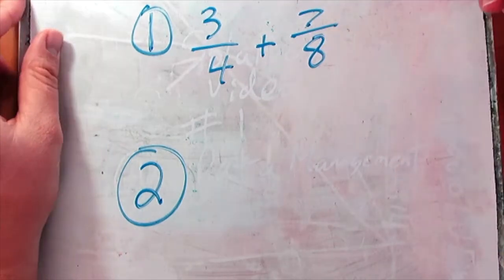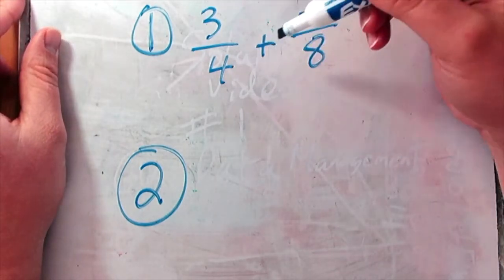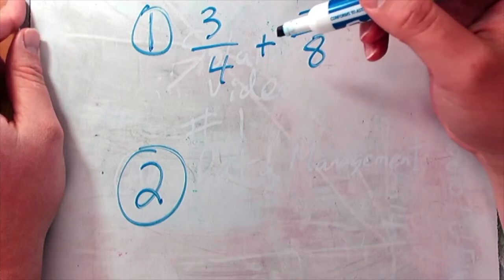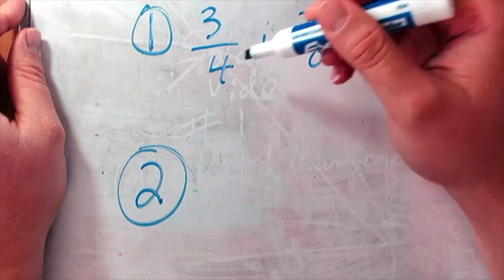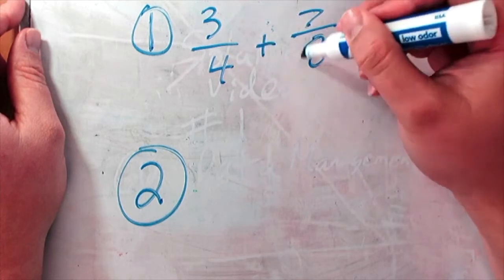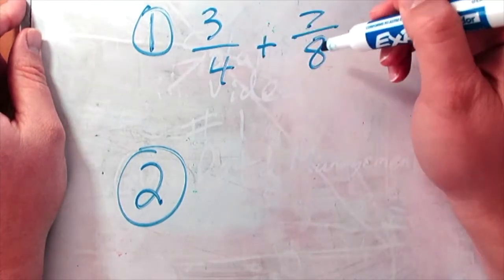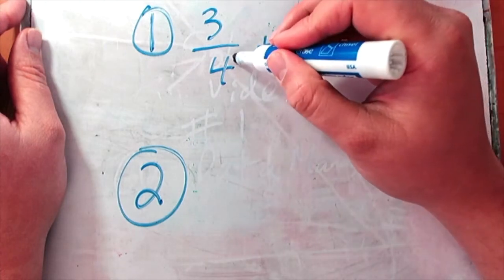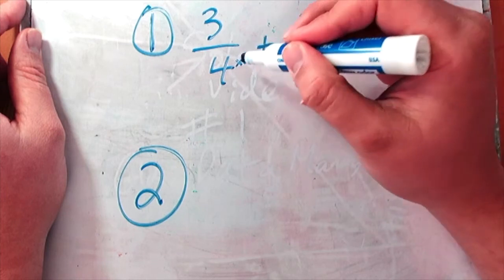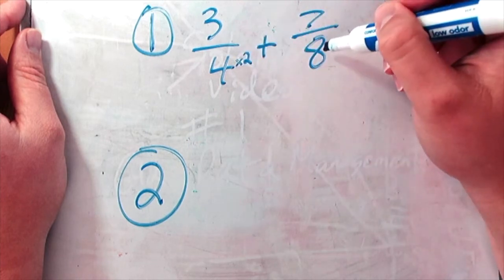So in order to do that, we have 3 over 4 plus 7 over 8. How do we change one of these to become the same number on the bottom? So again, this number is larger, and this number goes into that number. 4 goes into 8. So the way that we can do that is when we multiply this bottom by 2, we get to 8.